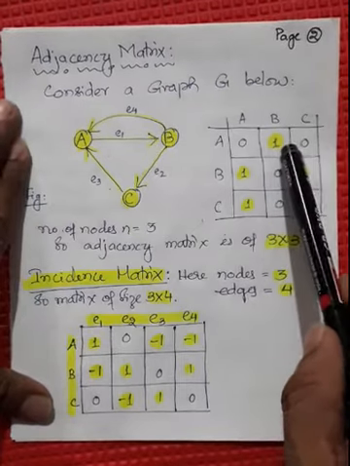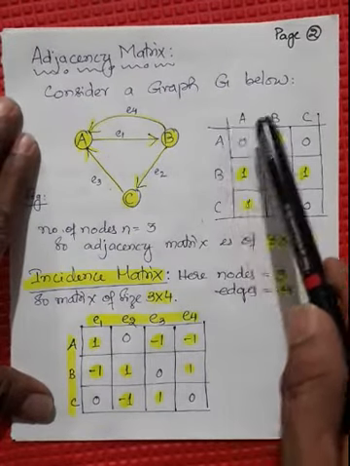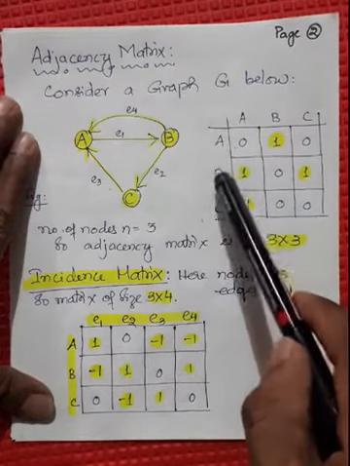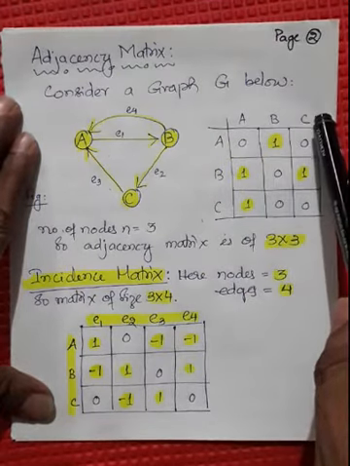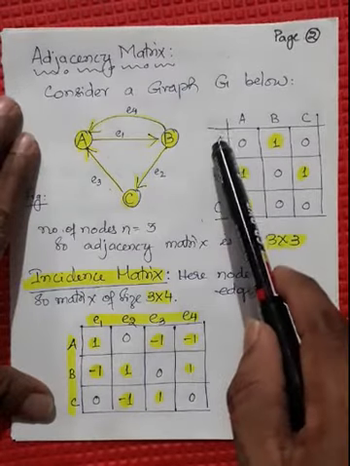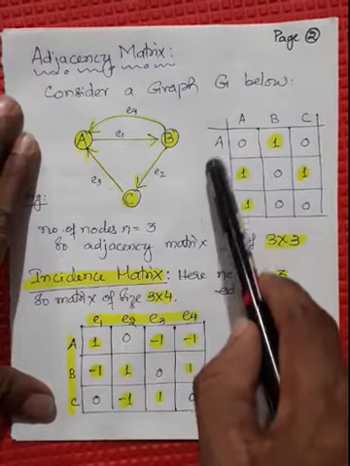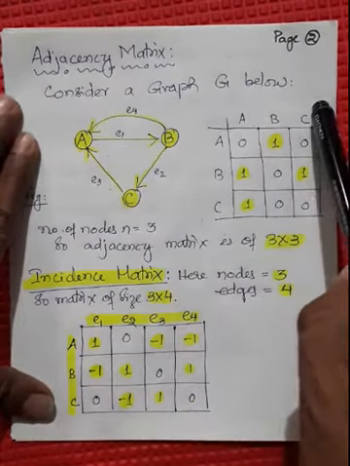For this matrix, normally the indexes are 0, 1, 2. Here we represent the node names in serial order as the row index and as the column index.